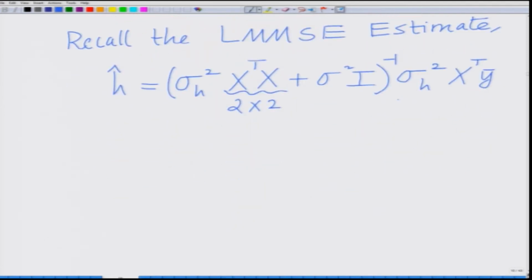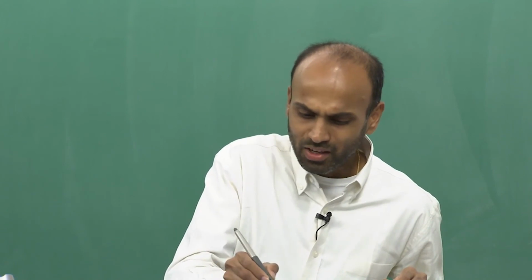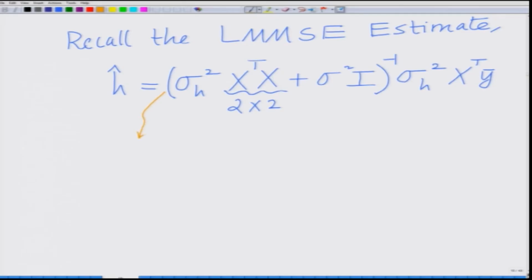Okay. So, now I will proceed. One can also simplify this slightly by bringing out sigma h square. I can write this as, first let us bring out sigma h square. So, x transpose x plus sigma square by sigma h square, inverse. Of course, when sigma h square comes out, it comes in the denominator, that cancels with sigma h square.